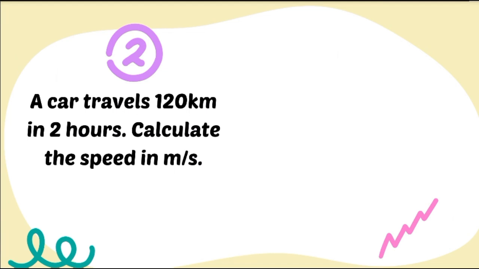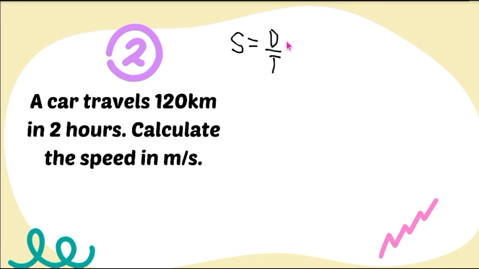The next one says a car travels 120 kilometers in 2 hours. Calculate the speed in meters per second. Okay, remember that speed is distance over time. If you have not done that, average speed is distance over time. So you have to calculate that first.